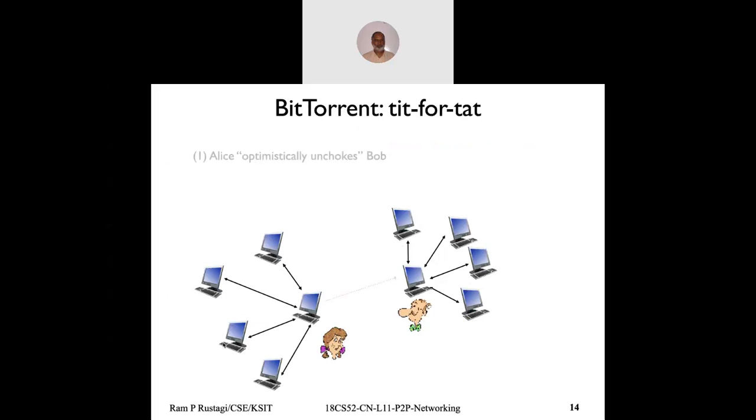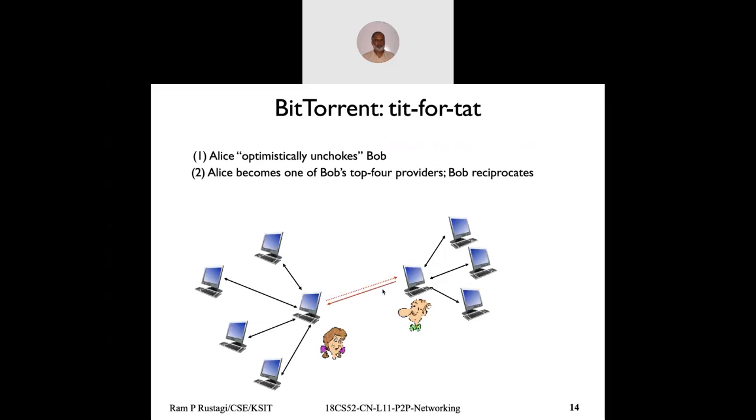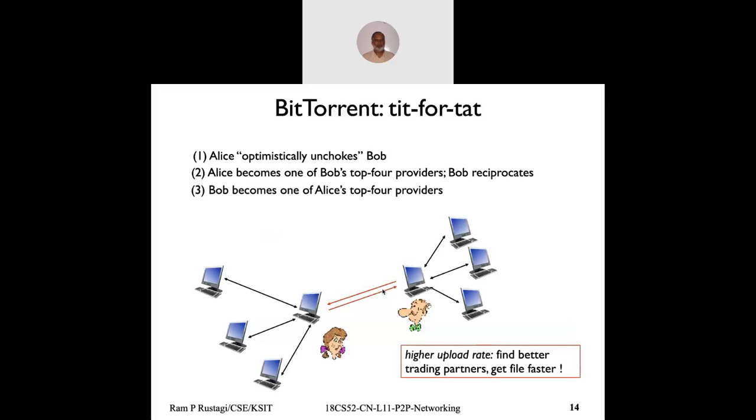So when Alice optimistically unchokes Bob, it connects to Bob, Bob starts sending data, and if Bob is sending data at a higher rate than others, then Alice chooses Bob as one of the top 4 providers, and then data exchange continues and removes the least provider. And that's how basically chunk exchange happens.